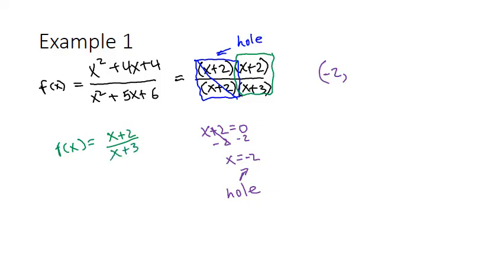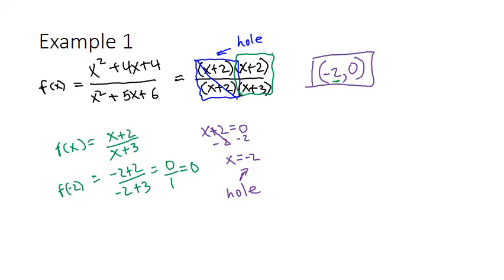If we input this negative 2 in the reduced function, we end up with negative 2 plus 2 over negative 2 plus 3. This is basically 0 over 1, which turns out to be just 0. So in other words, the y-coordinate of our hole is going to end up being 0. So this is the hole that we have for the function that we're given.